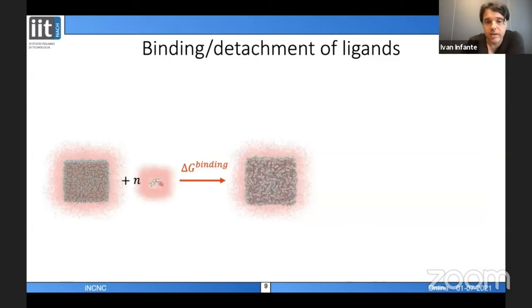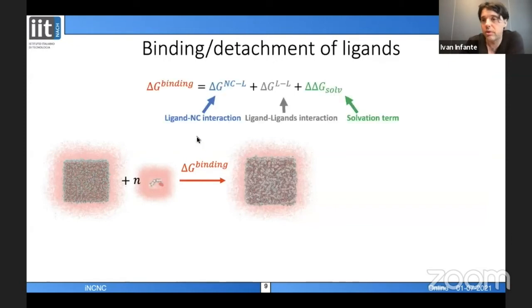Another thing that I have to take into account is that we can decompose the binding energy, or the free energy of binding. Here we make some approximations. We consider standard conditions. We don't consider the concentration of ligands.